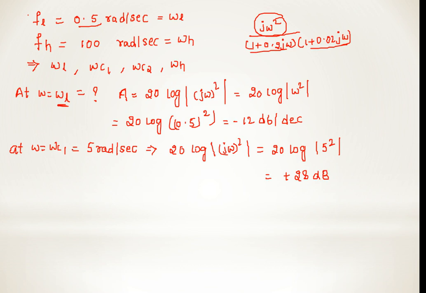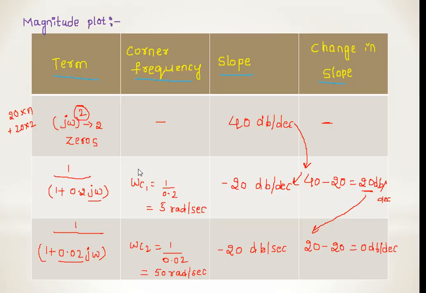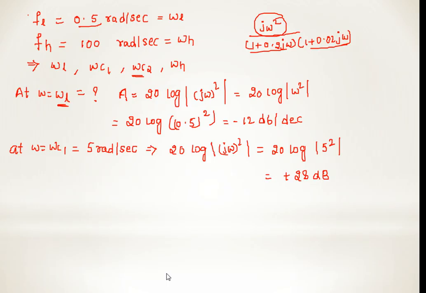Now I have to calculate the magnitude at omega C2. What is omega C2? Omega C2 is 50 radians per second.